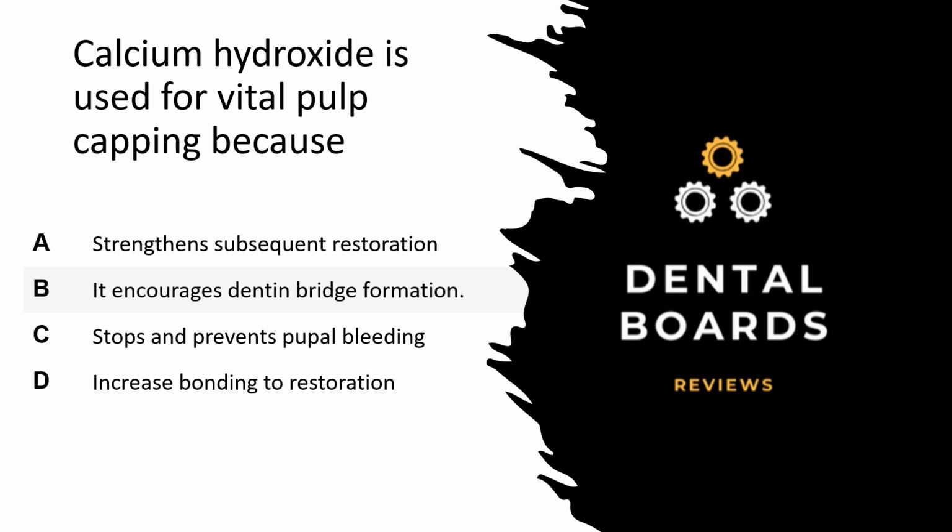D, increase bond to restoration. Our answer, as we know with the reason why we use calcium hydroxide, is B. It encourages dentin bridge formation.